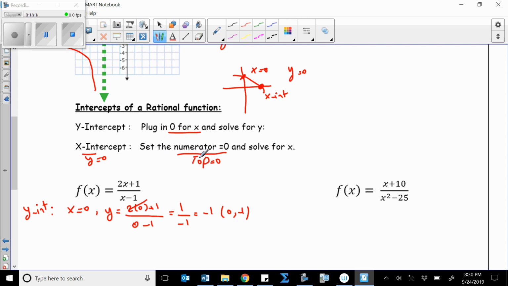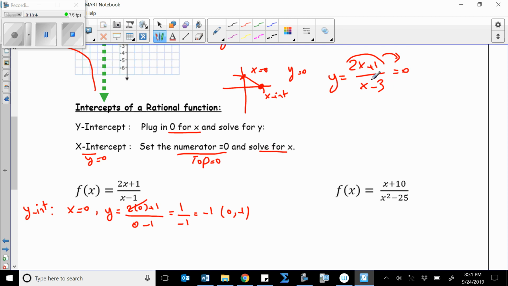But if you have a fraction, like a rational function, let's say, for example, I have 2x plus 1 over x minus 3. This is my y. So I want to set y equal to 0 and then solve for x. Whenever you have a rational expression and that's equal to 0, this means only your top needs to be equal to 0.